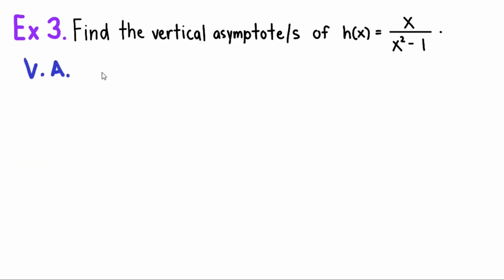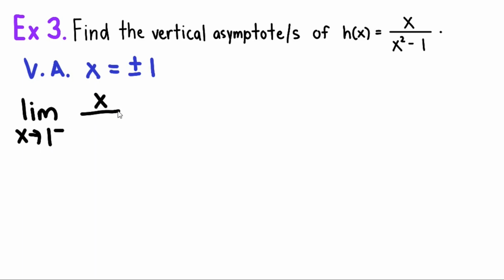Right here, the vertical asymptotes are x equals positive negative 1, and we check the limit as x approaches 1 from the left of h of x. Take note that it doesn't really matter if we choose from the left or the right, since the important thing here is just to show that the limit from either side is equal to positive or negative infinity.